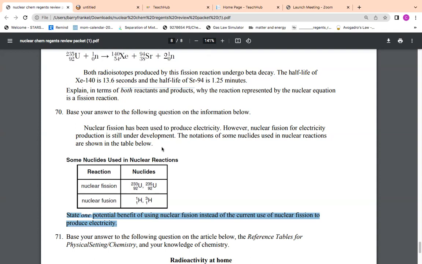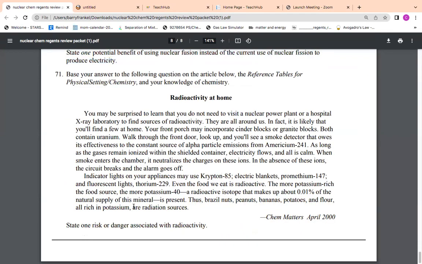All right, and finally, our last question. They give you all of this information. You guys can go on ahead and read it. But we've spoken about this. State one risk or danger associated with radioactivity. You can have a few answers. For one, people can get sick, or they can get cancer, or radiation poisoning.